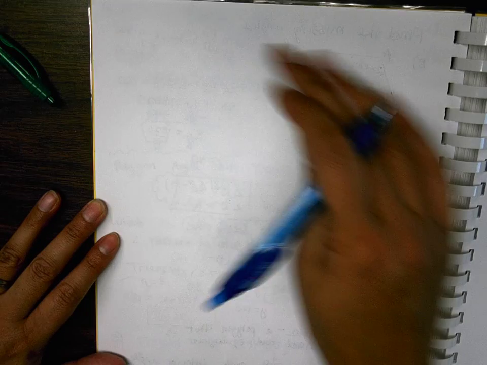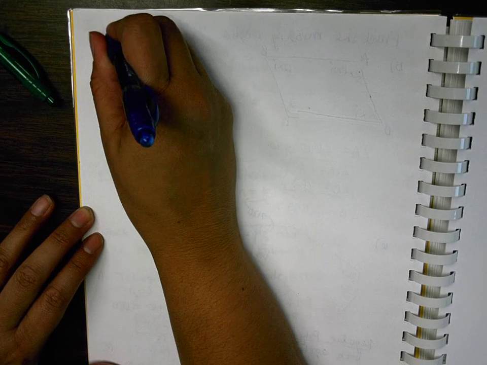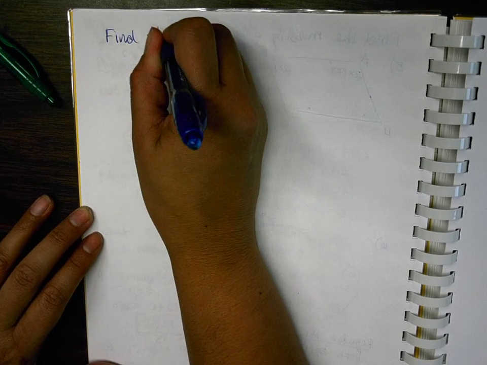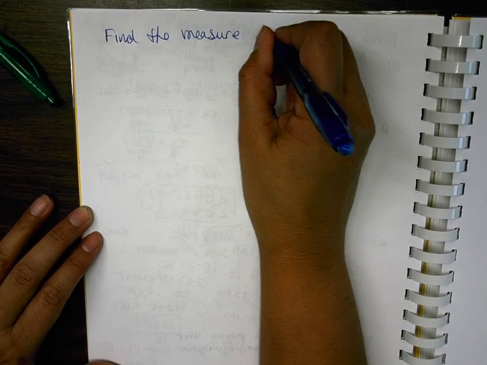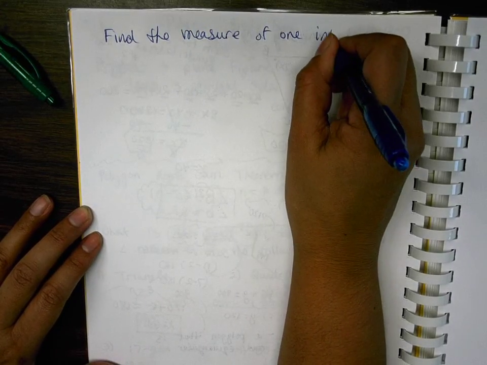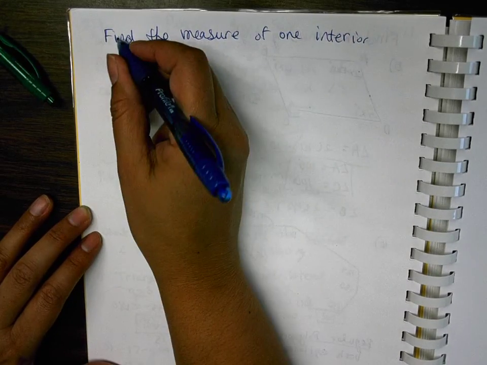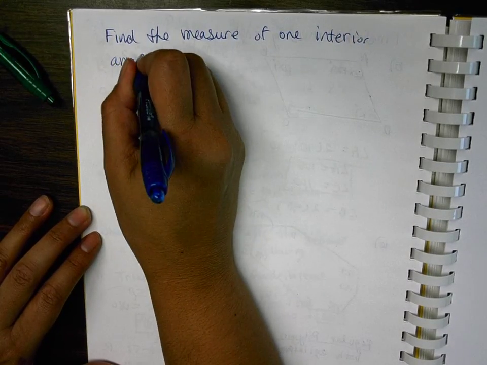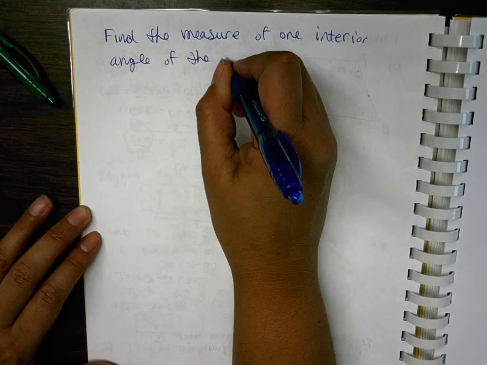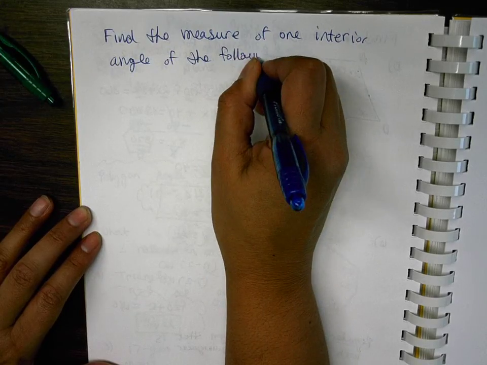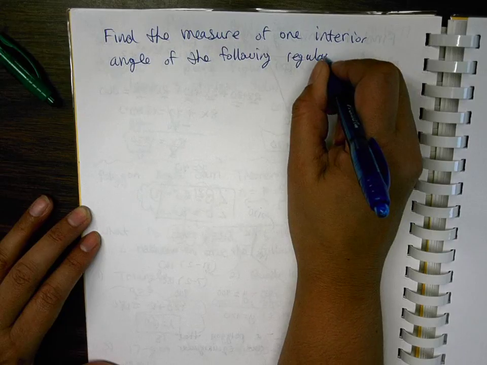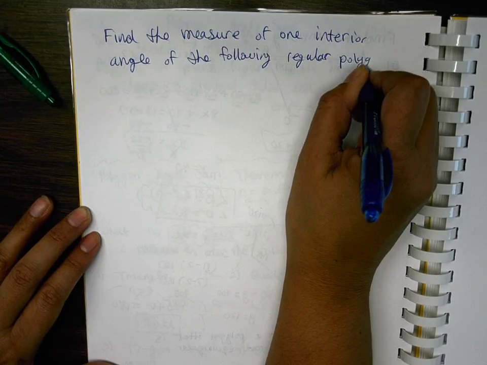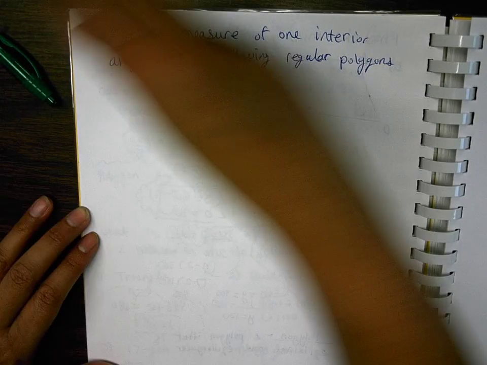Okay. Find the measure of one interior angle of the following regular polygons. So what are the key words you're looking for when you're doing homework tonight?